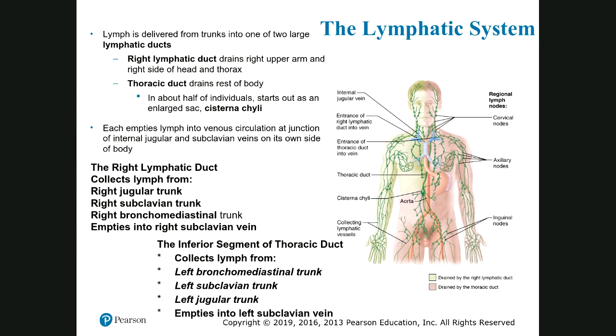The thoracic duct drains those parts. Where does it get its lymph from? It collects the lymph from the other parts: the left bronchomediastinal trunk, the left subclavian trunk, the left jugular trunk, and it empties them into the left subclavian vein.